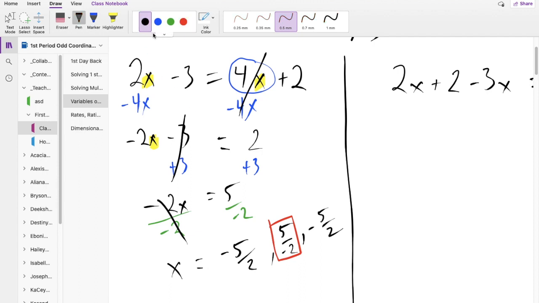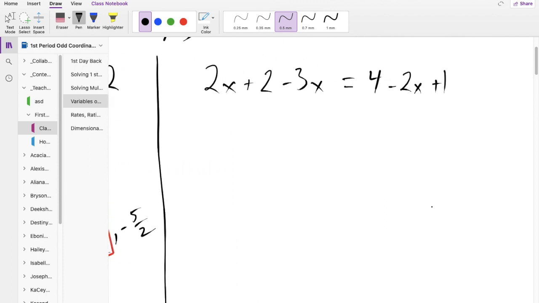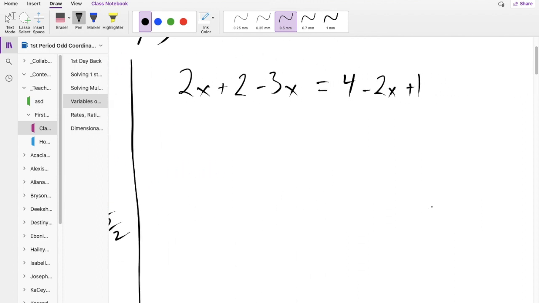Let's look at another example. Here we have 2x plus 2 minus 3x equals 4 minus 2x plus 1. So here we have a lot of things going on. I notice on this left side I have two terms that both have an x in them. And also I notice on the right side I have two constants.